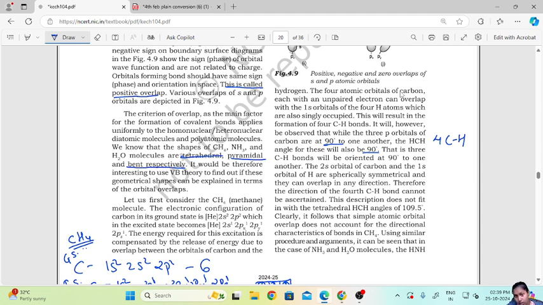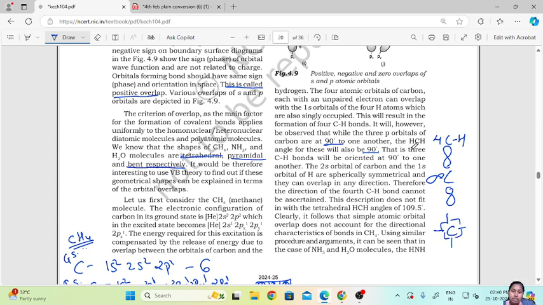So the p orbitals are arranged at 90 degrees on carbon. The lobes are arranged in a 90 degree format. That's why the structure of methane is like this. The angle is 90 degrees for the CH bonds.